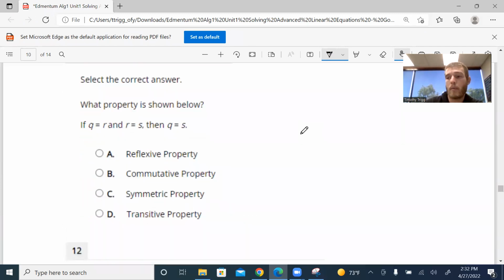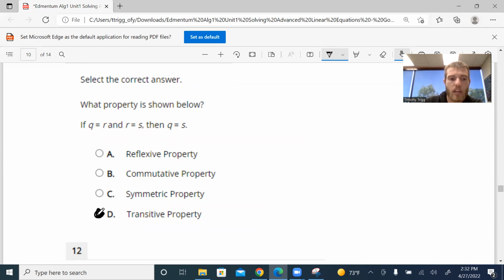All right, here's a property we haven't covered completely. But notice this, it says Q equals R and R equals S. Therefore, Q equals S. This is known as the transitive property.